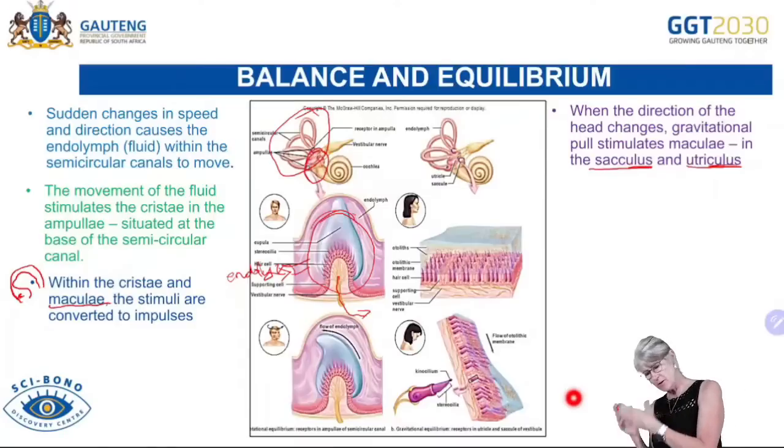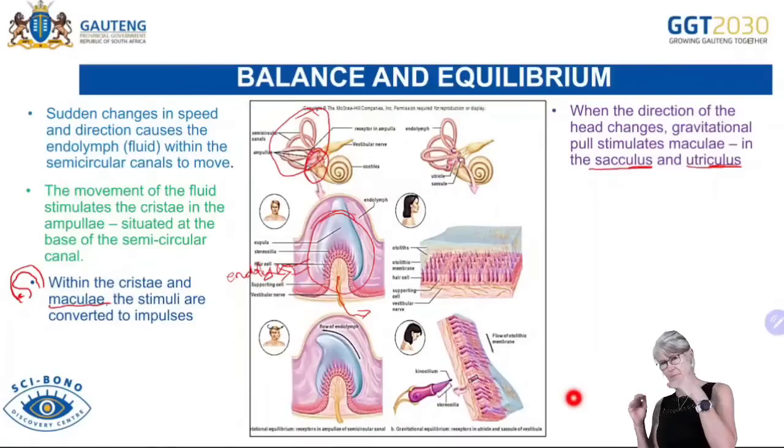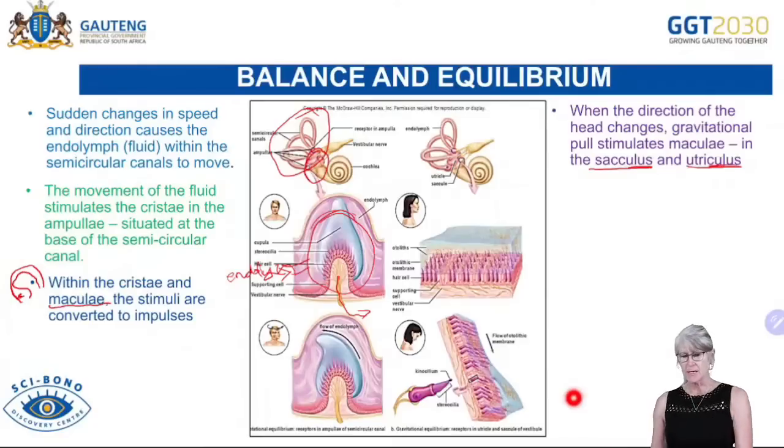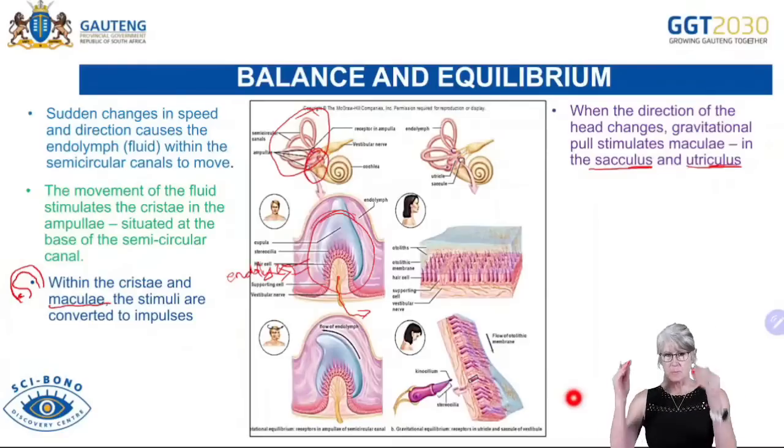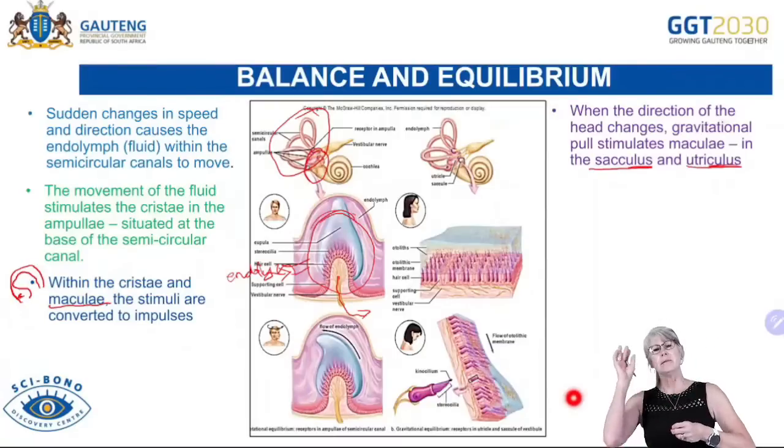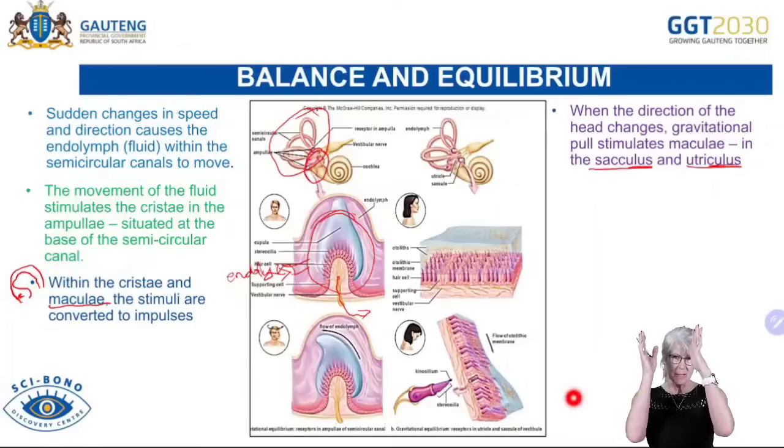That's because those receptors are stimulated, and they help my body to maintain balance. If I'm walking down the stairs, my head direction is changing in response to gravity. If I jump up and head the ball, hopefully I'm going to come down, and you'll see most of the soccer players are able to land on their feet again. That is because the maculae are stimulated.